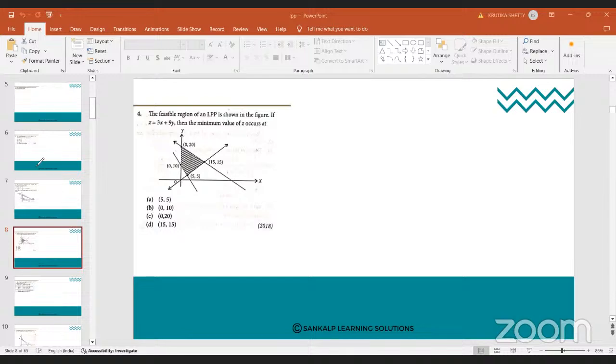Since it is present in the first quadrant, we have four corner points. These all four corner points we need to substitute, like the previous example. When you substitute, see which point will have the greater value. So I will be substituting 5 comma 5.